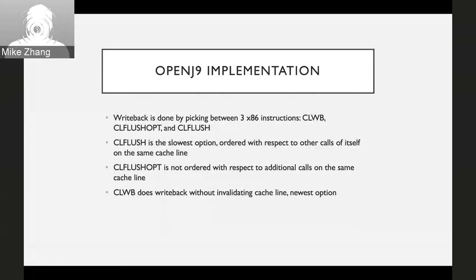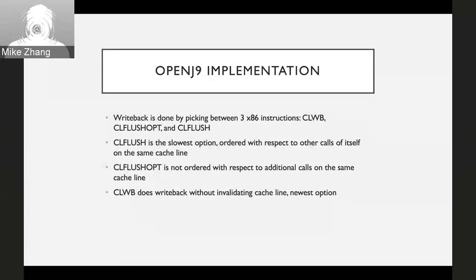CLFLUSHOPT is not ordered with respect to additional calls on the same cache line, so the CPU can get more performance that way. And CLWB does not actually need to flush the cache when it does its write back, so it does not need to do the actual invalidating. It is the newest option.